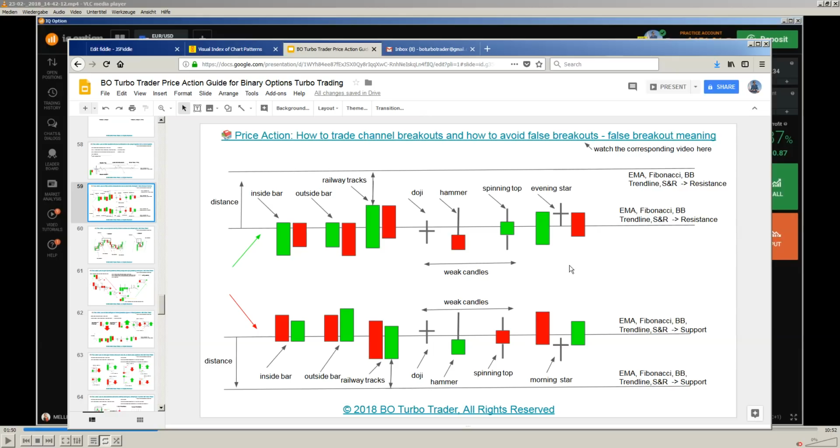You see that price broke through this area, but not with determination. It creates a weak candle. You see here weak candles: doji, hammer, spinning top. Those are weak candles, and then price will reverse because it's a fake breakout. That is the concept behind this.